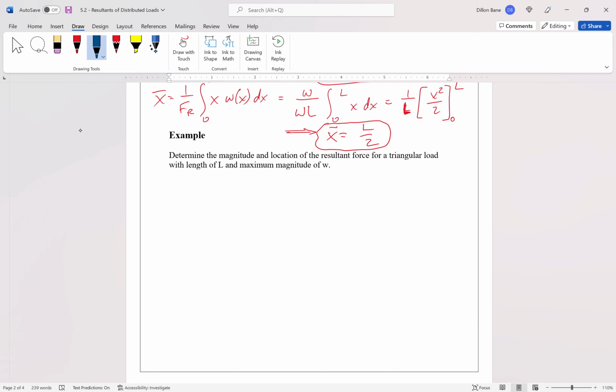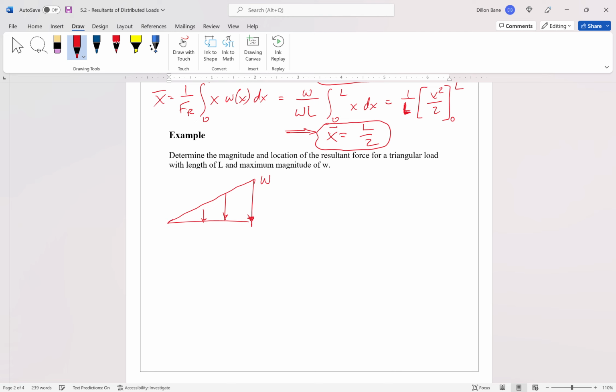Okay, so this time, let's go back to Fred. This time we've got a triangular load, where the intensity of the triangle load, the height of it, if you will, is W out here at the tall end.